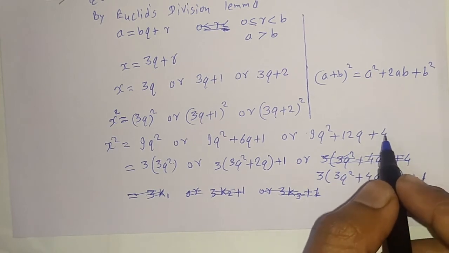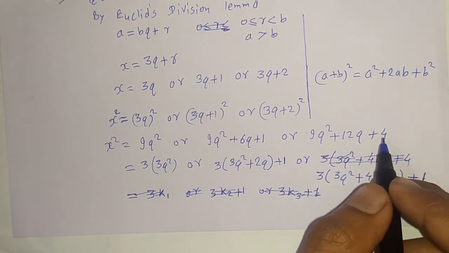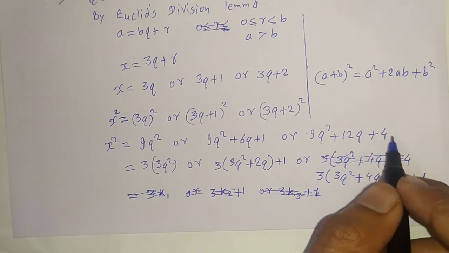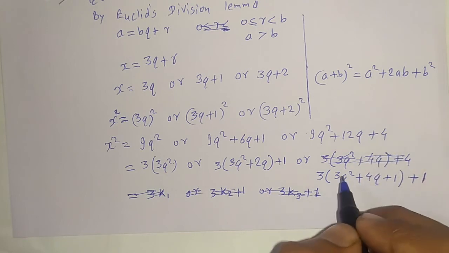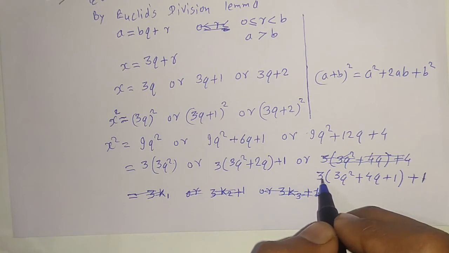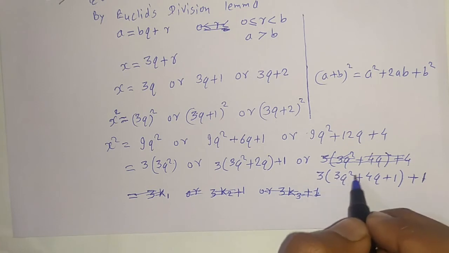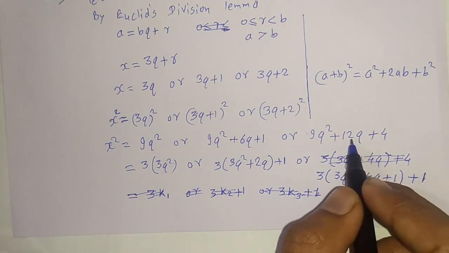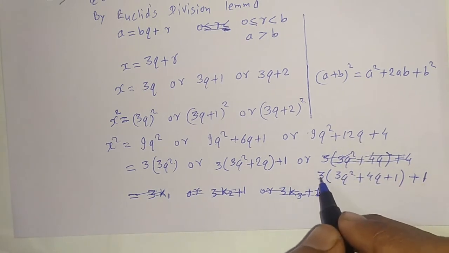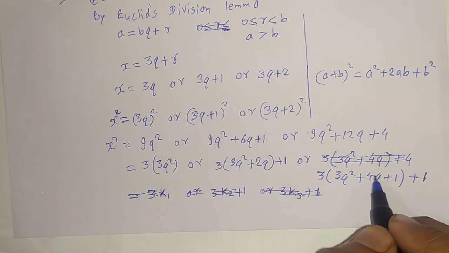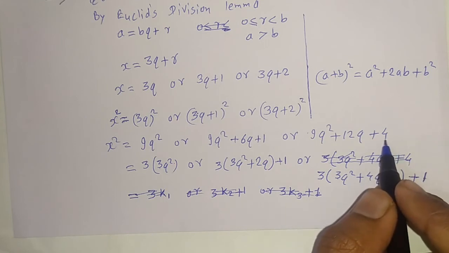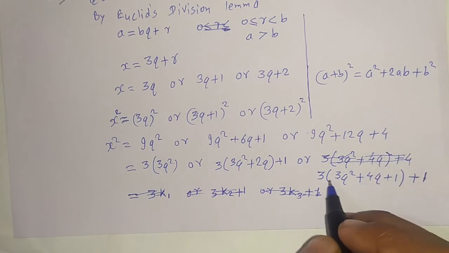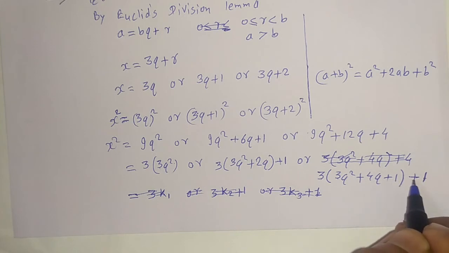And again if we take 3 common from this third number, it will be 1. So let's look into this product. 3 into 3q square, you got 9q square. 3 into 4q, you got 12q. 3 into 1, 3 plus 1, you got the third number as 4.